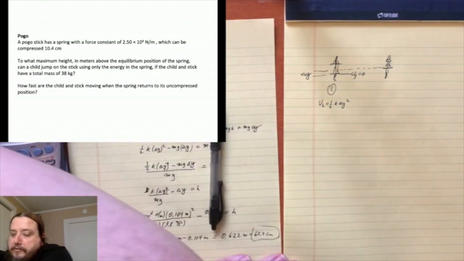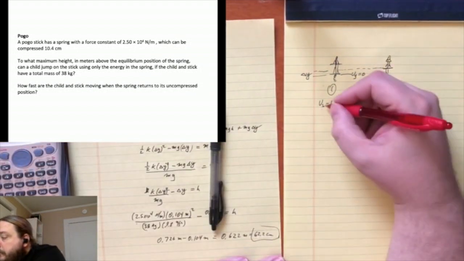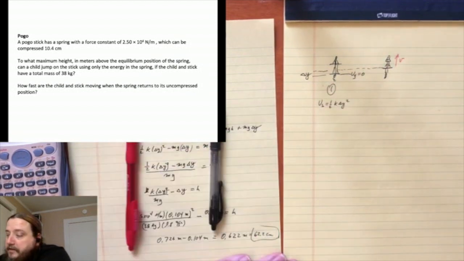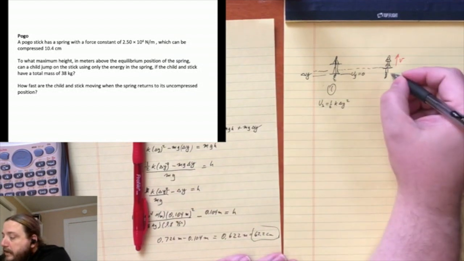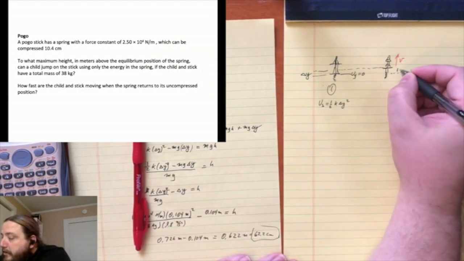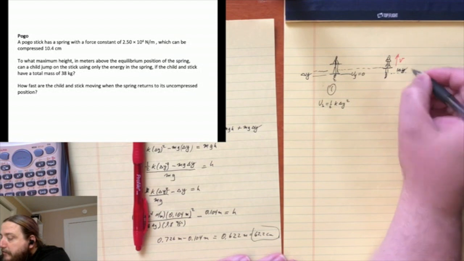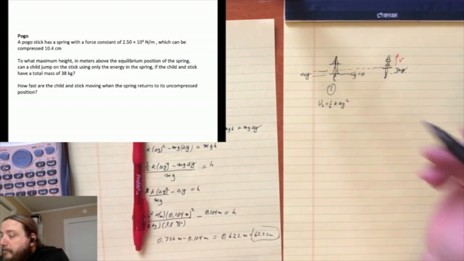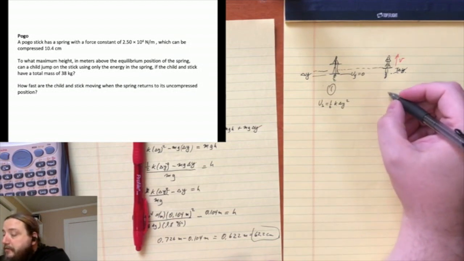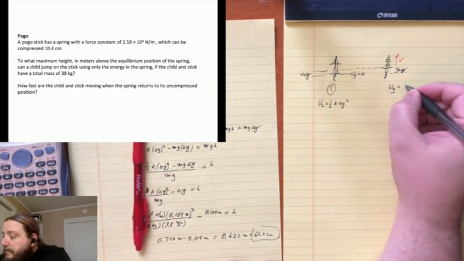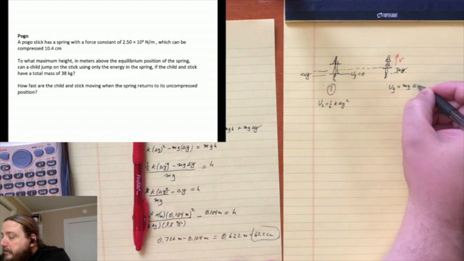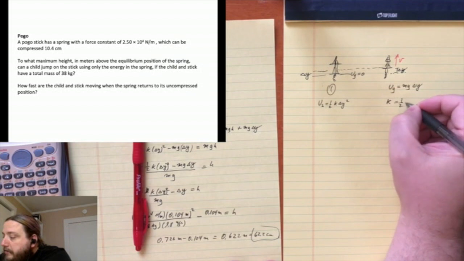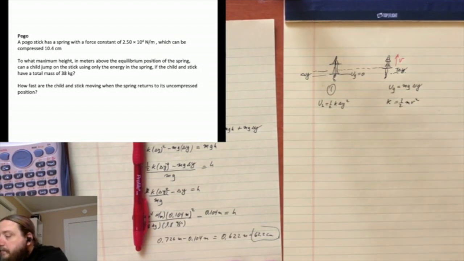And now we have 0 spring potential energy, but we're moving at some speed, and we have some non-zero altitude. We're at a height of delta y above our 0 point, and so we have some gravitational potential energy, mg delta y, and some kinetic energy, 1/2 mv squared.